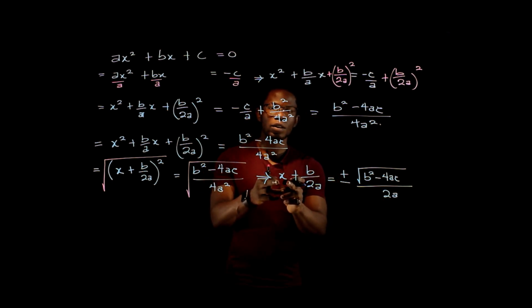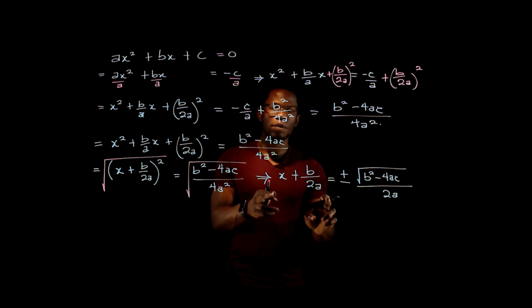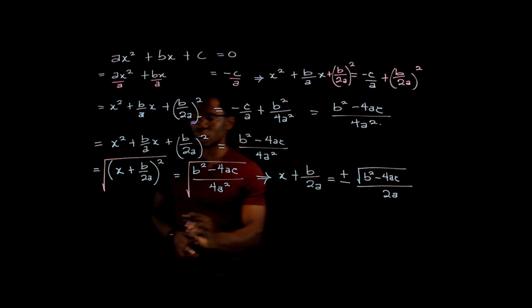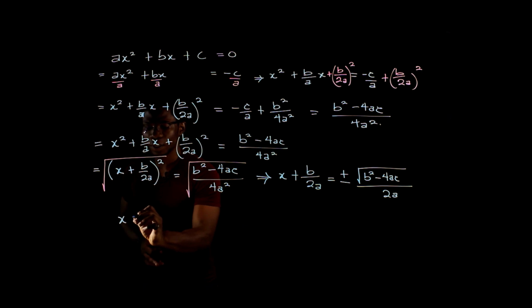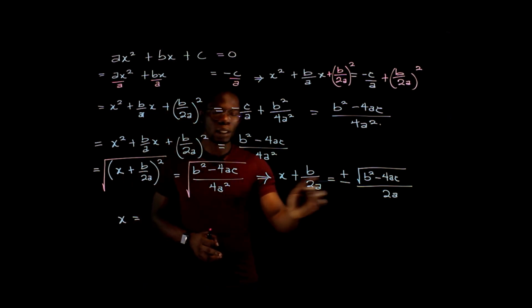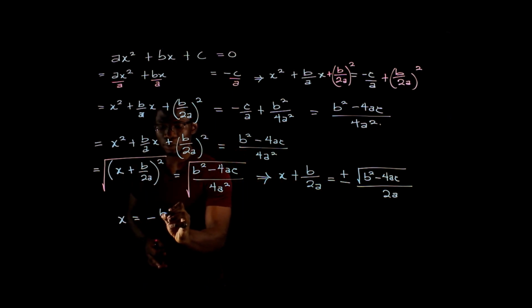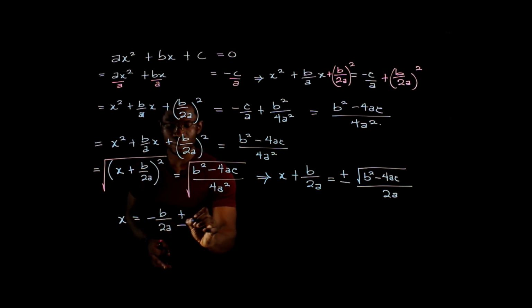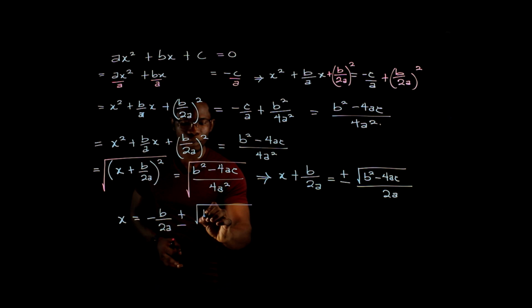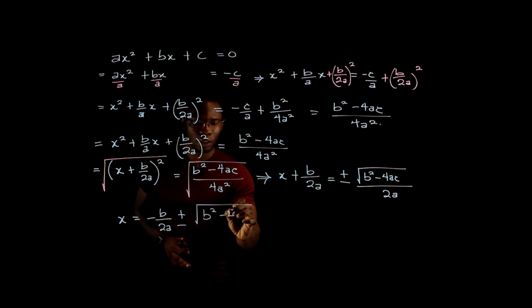Now we need to make x the subject of the formula, and we do that by subtracting b over 2a from both sides of our equation. If we subtract b over 2a from this side, we're left with x. And on this side, we have minus b over 2a plus or minus the square root of b squared minus 4ac over 2a.